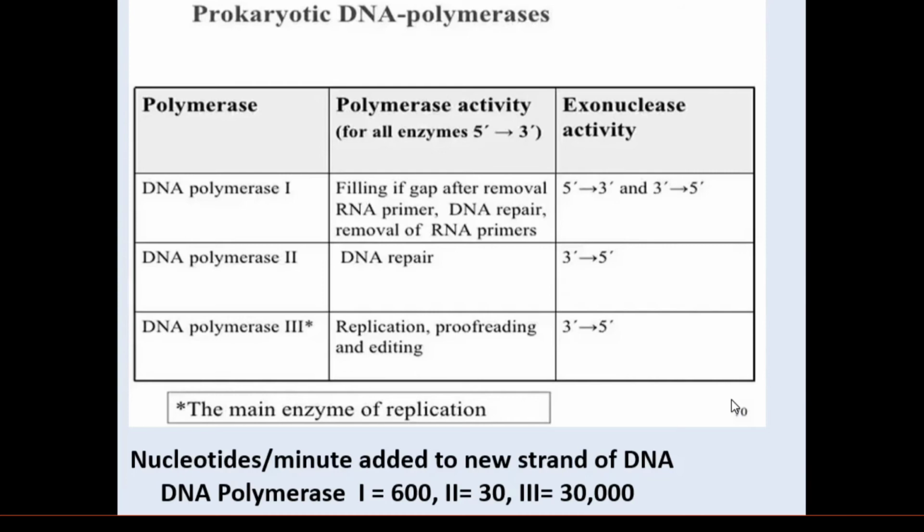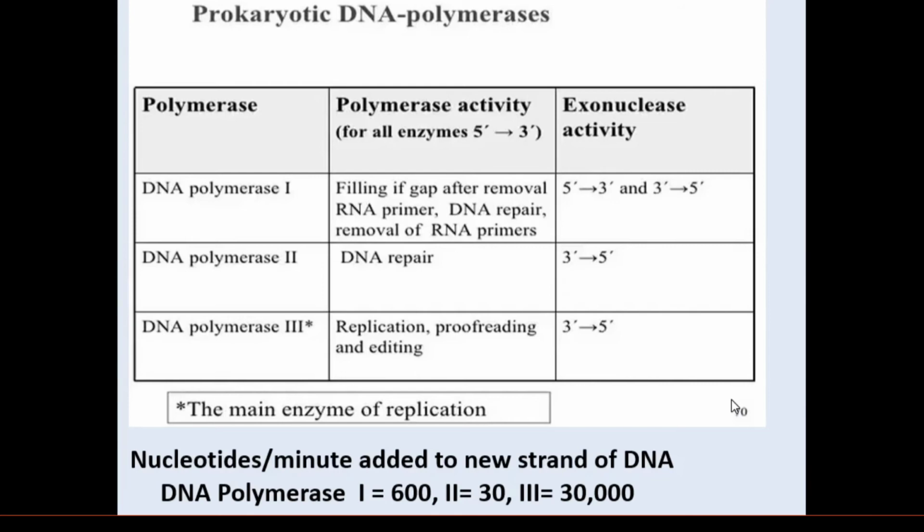DNA polymerases 1, 2 and 3, all three have exonuclease activity in the 3' to 5' direction, and this activity is helpful in the proofreading function. Through proofreading, they remove any mismatched base pair which is incorporated during replication.